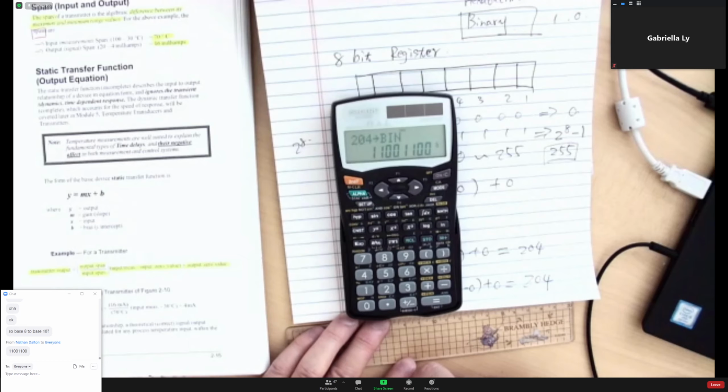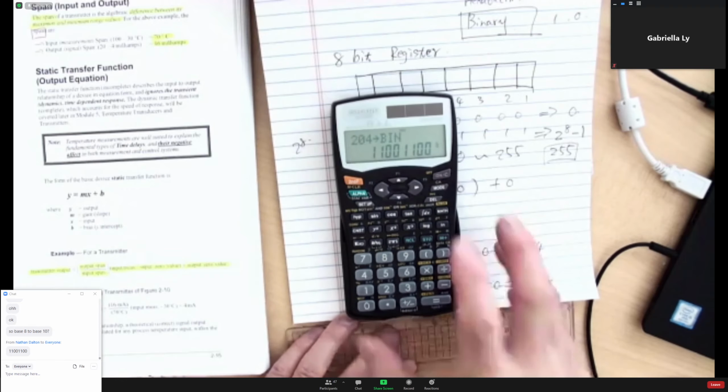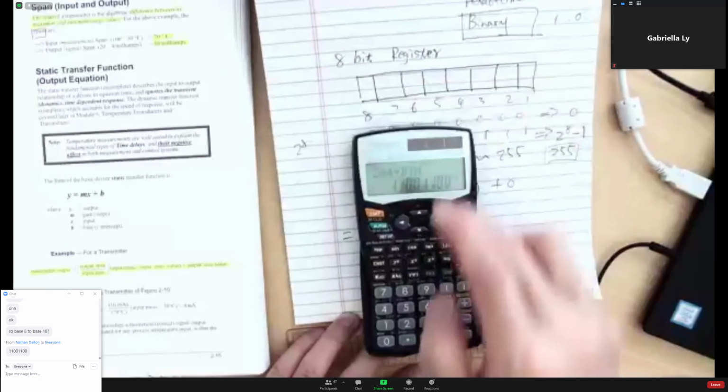No, we didn't do base A to base 10. It's an 8-bit register, so that 8-bit register is binary.